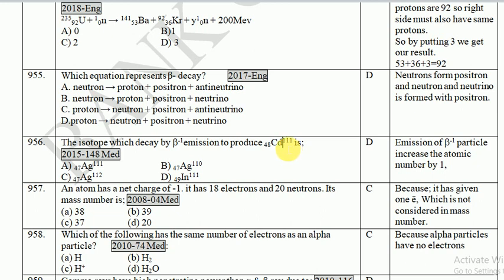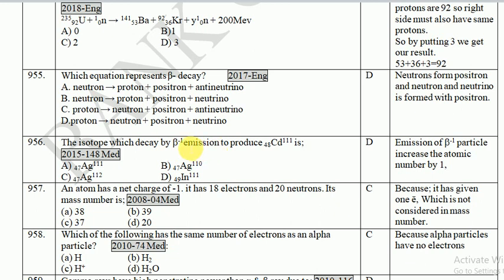So among these four elements, one has formed Cd. One atom forms another atom and beta negative, meaning an electron, has been emitted. So if an electron is removed, the number increases by 1. So this number is already increased by 1. It was 47, so in this case it is 47, 47, 47.